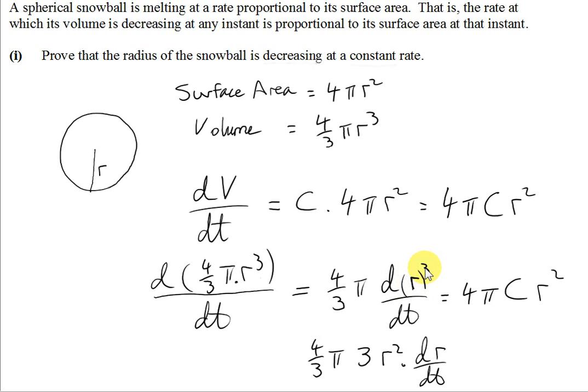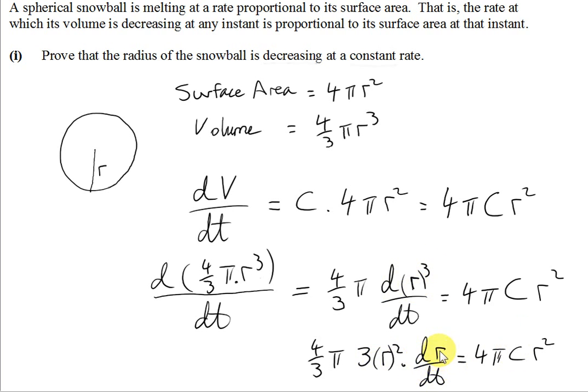So we have the derivative of some quantity raised to a power. We deal with the power first, take the power in front of the bracket, subtract 1 from the power, as if we know what the r is as a function of time. And the next step in the chain rule is to actually differentiate what's inside the brackets with respect to time. So we just write that as dr/dt, since we don't know what r is as a function of time.